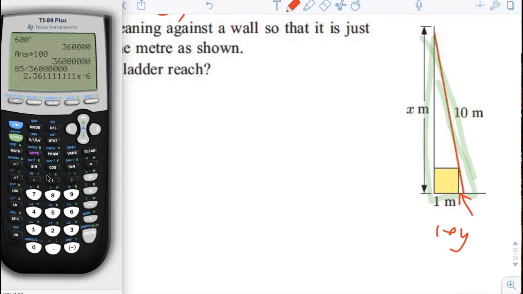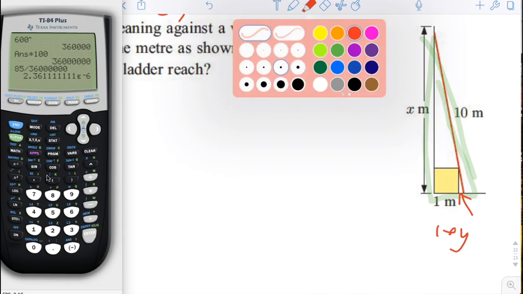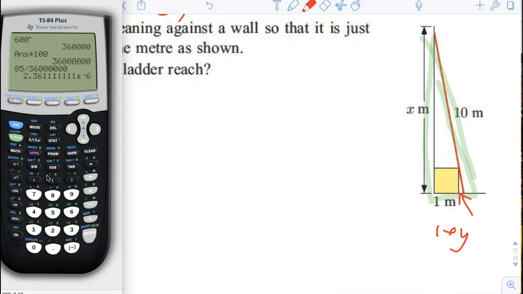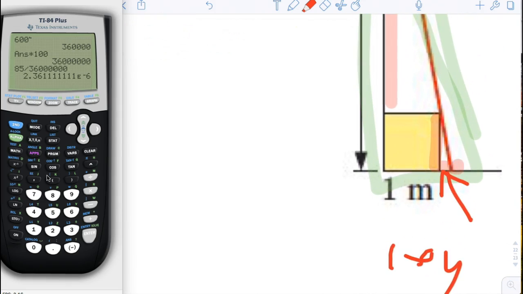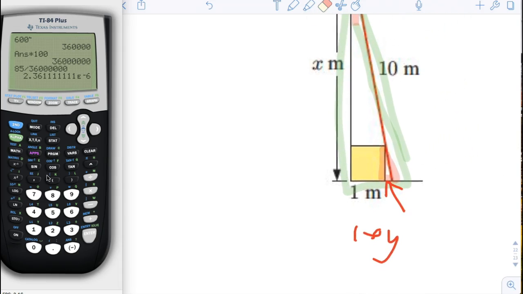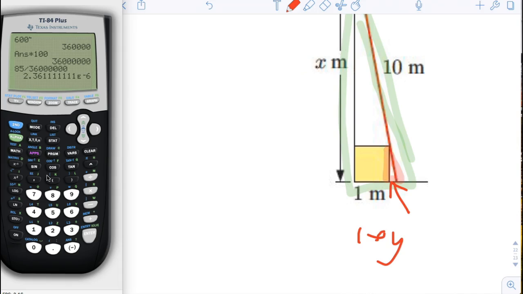I think we can. Let's look at this little triangle here and make an equation that has the sides of that little triangle.